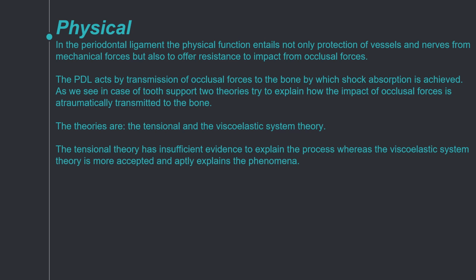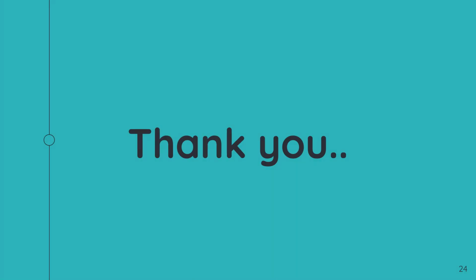So it is again going to replenish the amount of fluid that was lost before. This way, the tooth displacement is going to be minimized. So these are the two theories, and the viscoelastic system theory is the most accepted theory. So these are the functions of the periodontal ligament. Thank you.